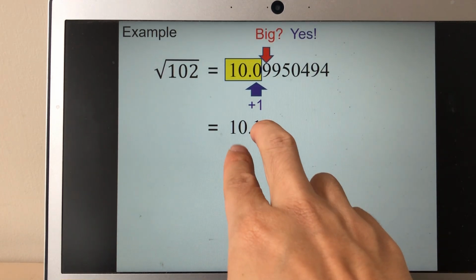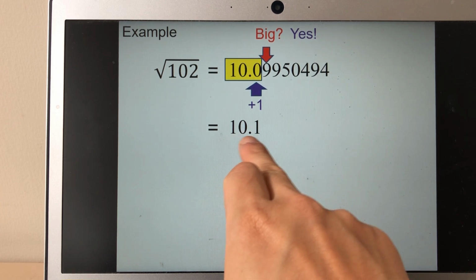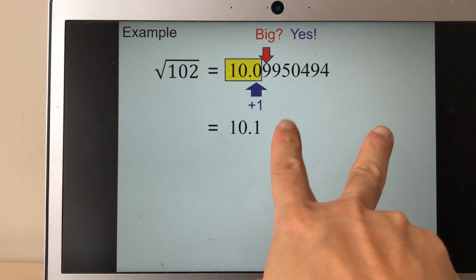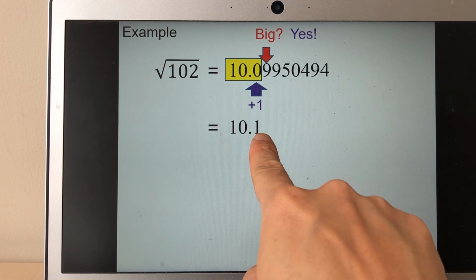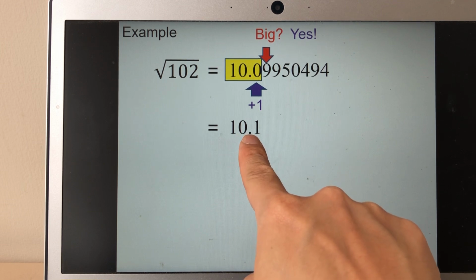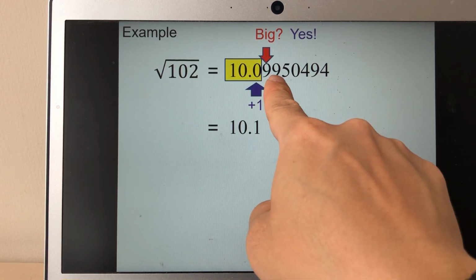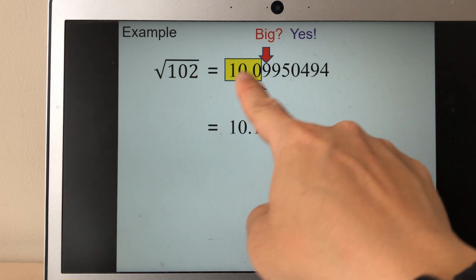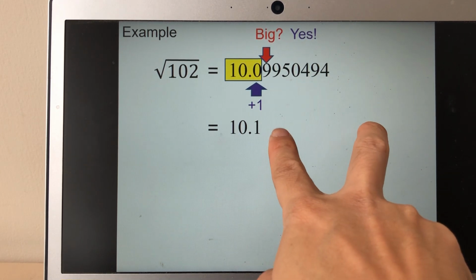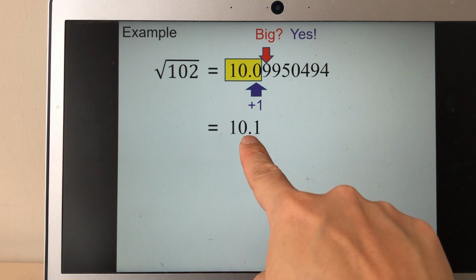And whenever you write this in an approximated format, you have to tell how accurate is your answer. We know that this is not the exact value. The exact value should be 10.09950494. This is the exact one. This is not the exact one. Therefore, you have to tell people how accurate is your answer.